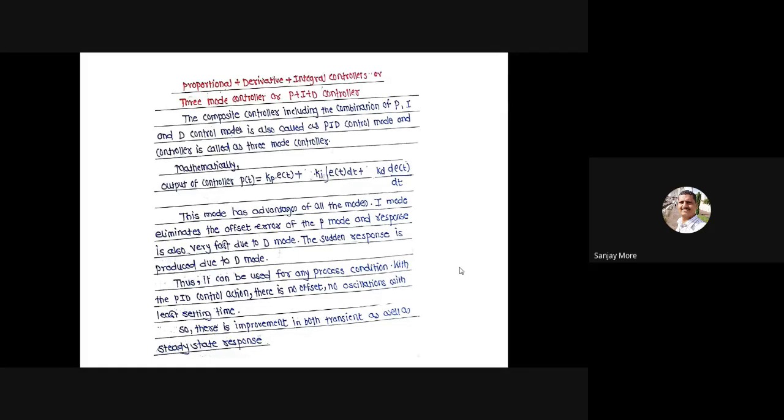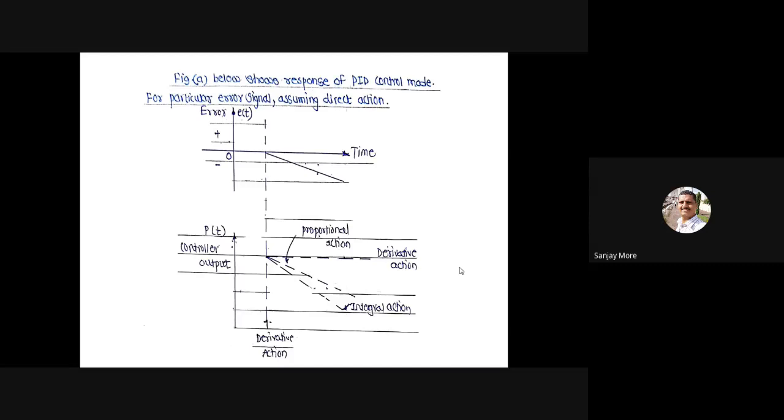With PID control action, there is no offset, no oscillation, with least settling time. So there is improvement in both transient as well as steady state response.